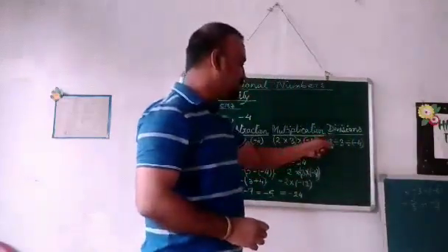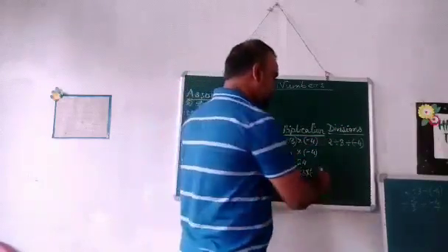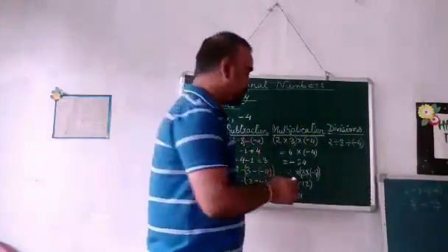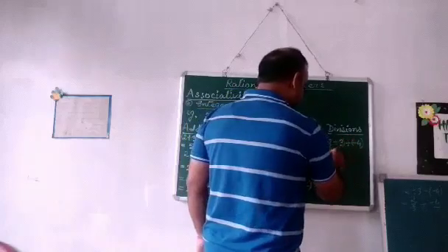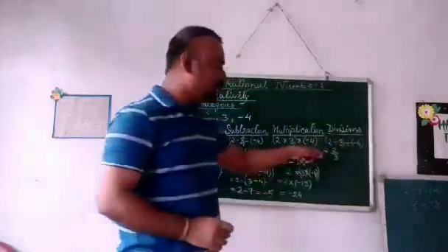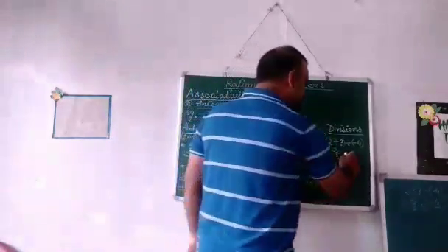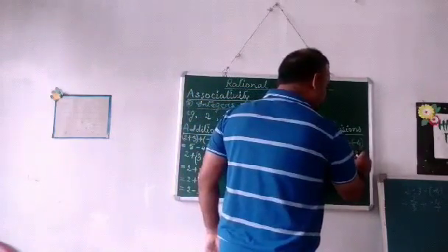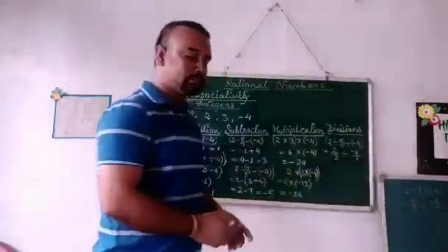So 2 divided by 3 divided by minus 4. Let us combine 2 and 3. So this will become 2 by 3 first, divided by minus 4, we can write as minus 4 by 1. Okay.